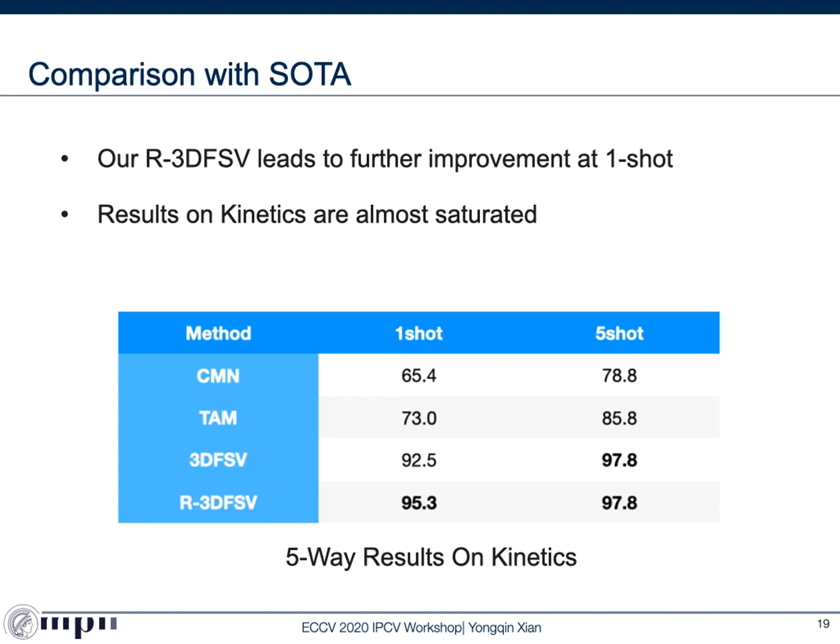Here we show the 5-way classification results on Kinetics datasets. Our Retrieval-Enhanced 3D FSV leads to further improvement at 1 shot, and results on Kinetics are almost saturated at 5 shot.